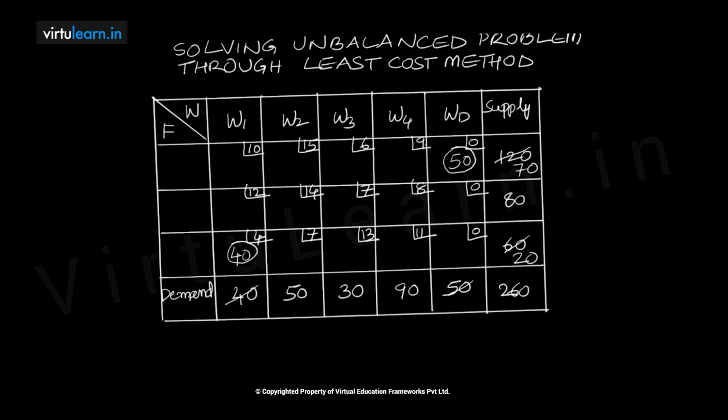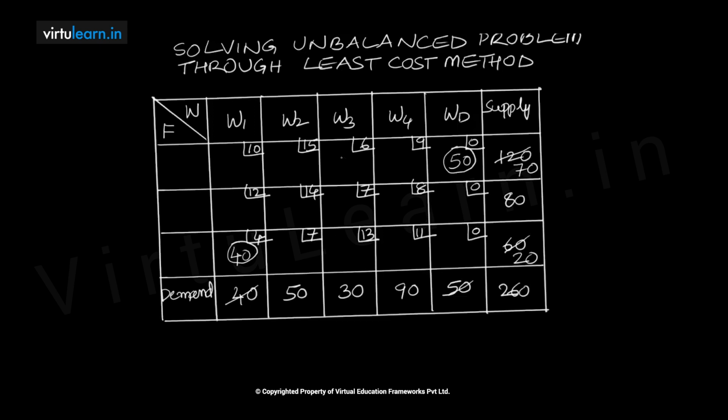Now this is the only remaining table. In this, the next lowest cost is 6. Here we have 70 units available, but in this column, Warehouse 3, we require only 30 units.